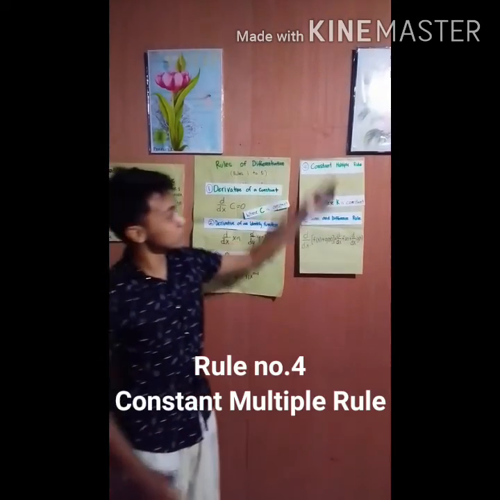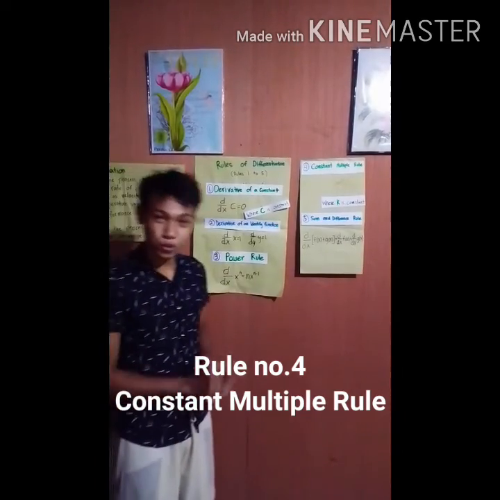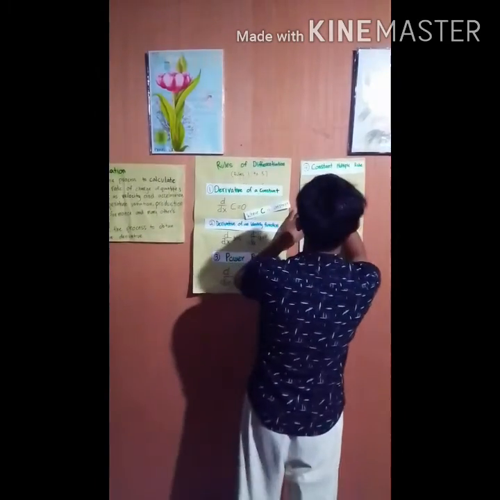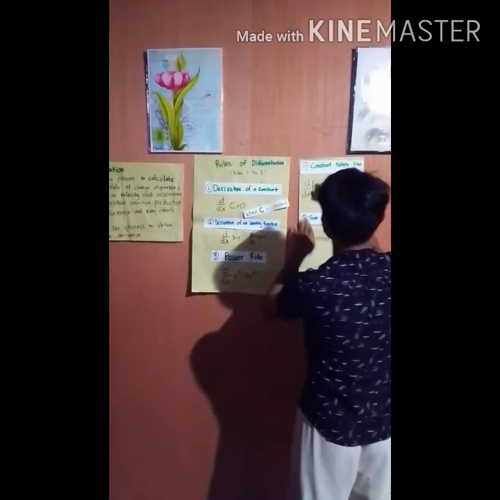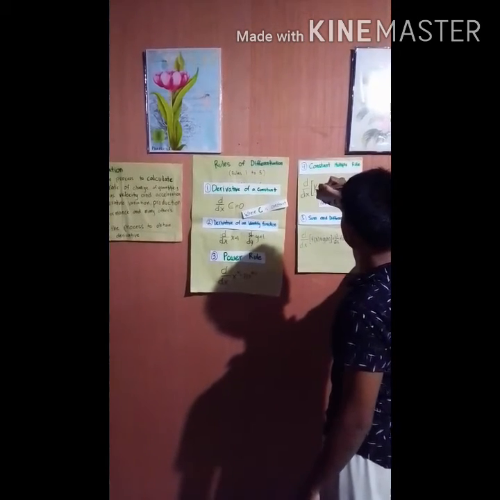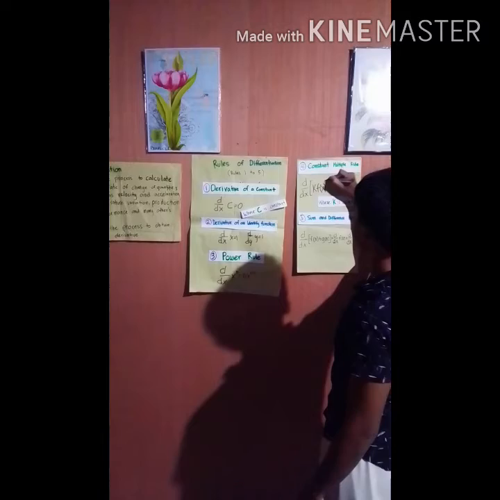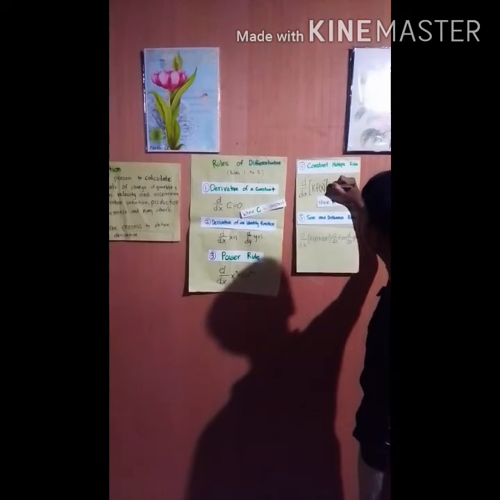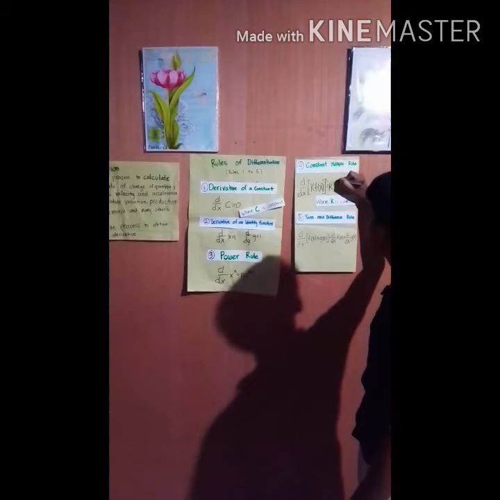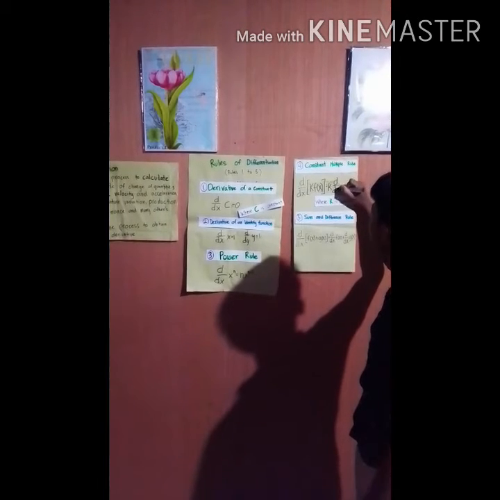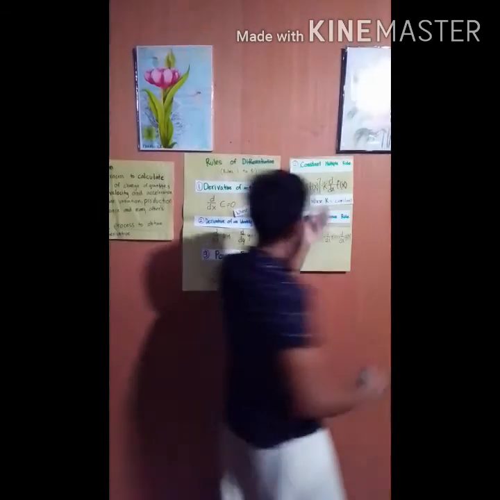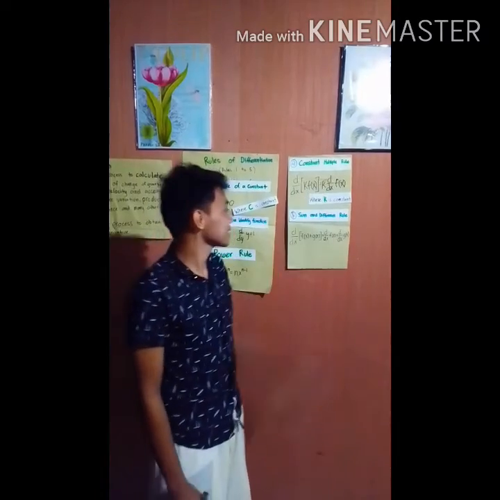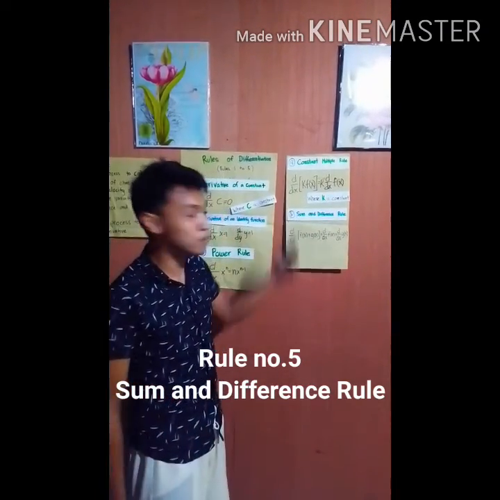For the constant multiple rule, rule number 4: d over dx of k times f of x is equal to k times d over dx of f of x, where k is a constant. And the sum and difference rule is rule number 5, this is the formula.